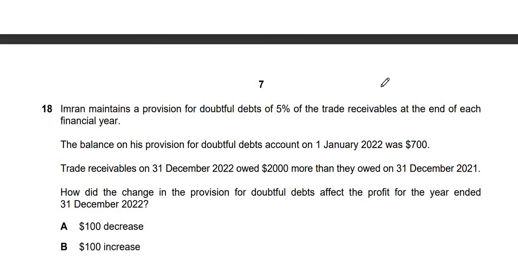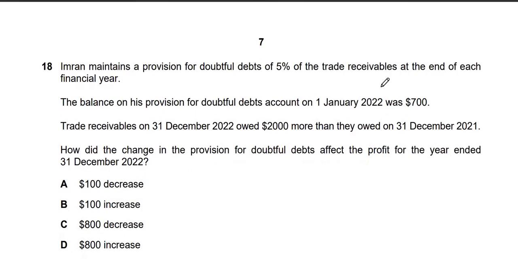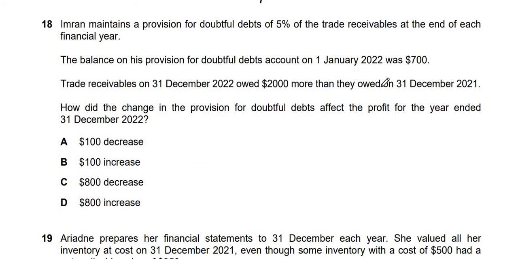Moving on to the next question, question number 18, it says, Imran maintains a provision for doubtful debts of 5% of the trade receivables at the end of each financial year. The balance on his provision for doubtful debts on 1st January was 700, previous balance. Trade receivables on 31st this year's owed 2,000 more than they owed on 31st December 2021.